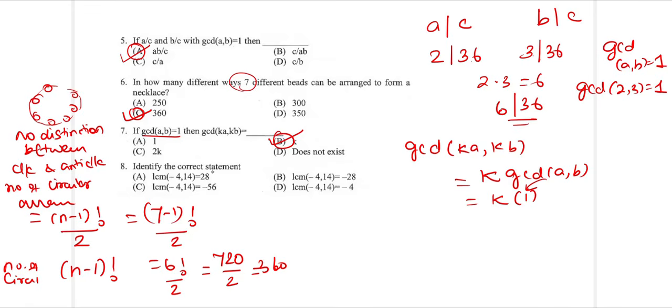Now identify the correct statement. LCM of minus 4 comma 14 is 28, minus 56, minus 28, or minus 4. First we need to know that LCM, least common multiple, whether you take it for a positive integer or negative integer, is always positive.